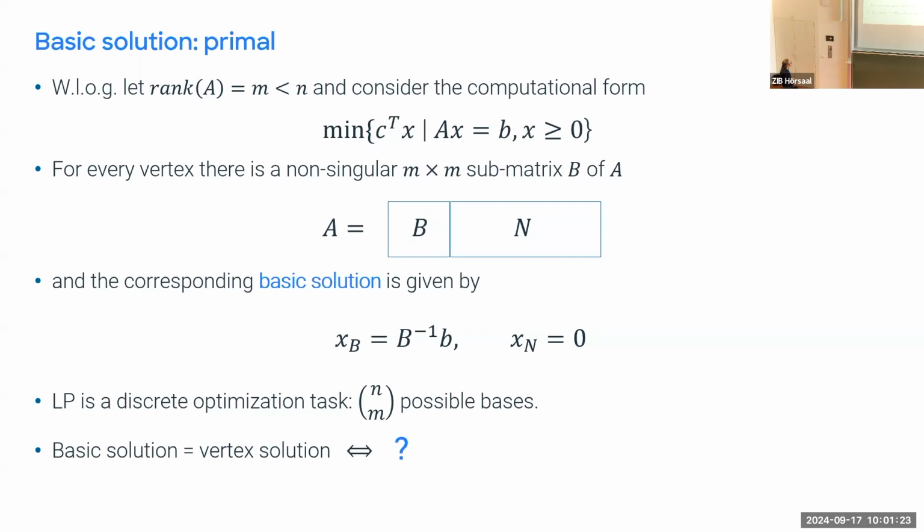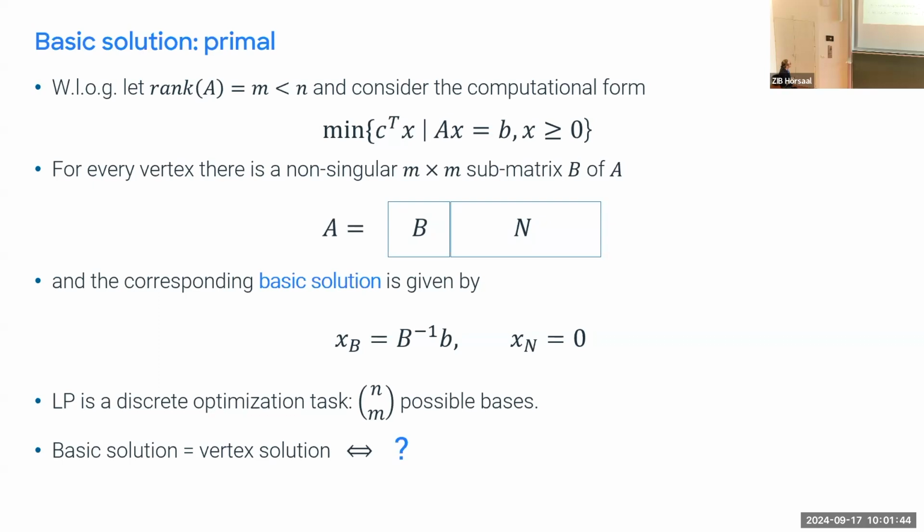For every vertex, if I look at this Ax equals b system, I can single out an m by m submatrix B, which can have positive values. All the remaining variables are set to 0.